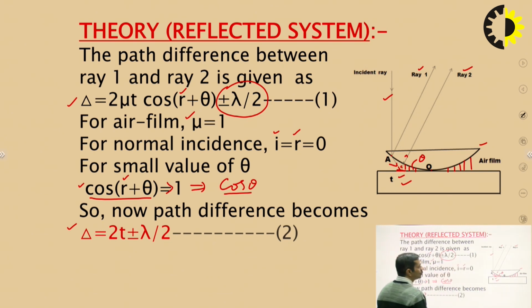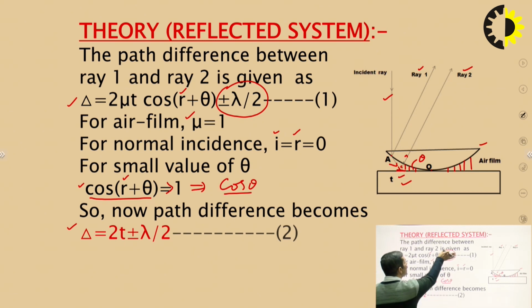Light from point A, going towards the glass plate G, is coming from the rarer medium and going towards the denser medium. That means ray 2 is reflected from the denser medium once. That's why, according to Stokes' law, this ray will have an extra phase difference of pi and a corresponding path difference of lambda by 2.